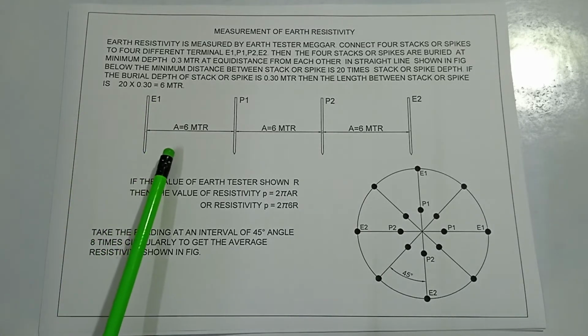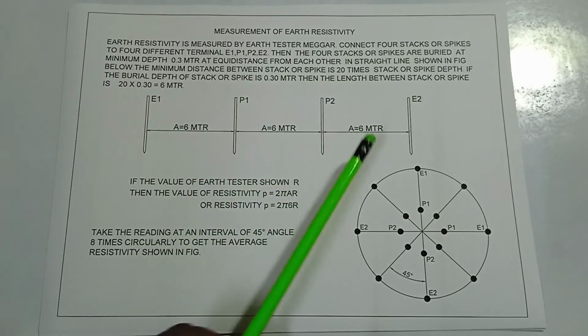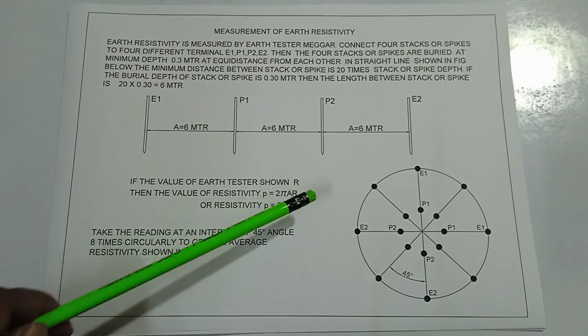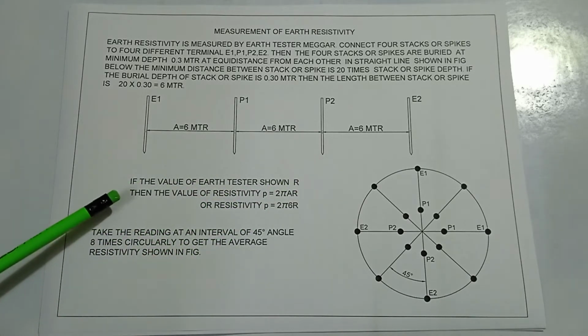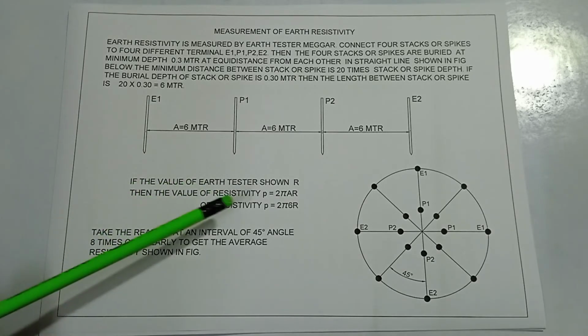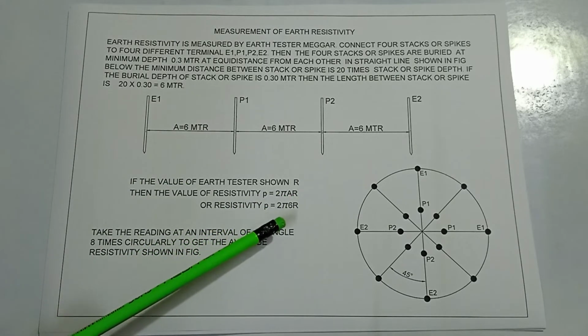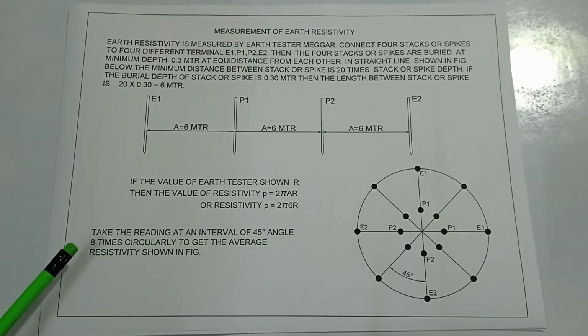Here it is shown A is equal to 6 meter. If the value of the earth resistance shown in the earth tester megger is R, then the value of resistivity rho is equal to 2 pi AR, or resistivity rho is equal to 2 pi 6 R. Take the reading at intervals of 45-degree angle, 8 times circularly, to get the average resistivity, as shown in the figure.